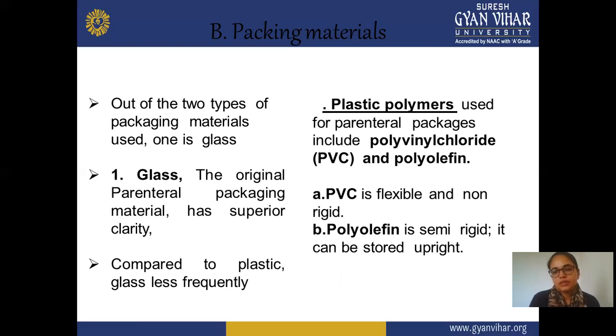When we see the polyolefin, it is semi-rigid and can be stored upright, just opposite to PVC. PVC is flexible and not rigid, but the polyolefin is semi-rigid and can be stored in an upright condition.